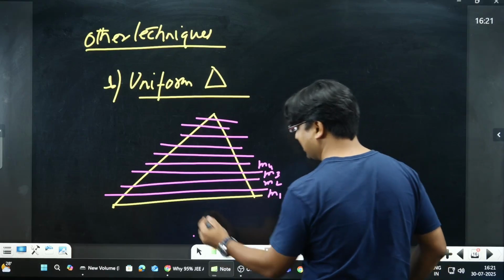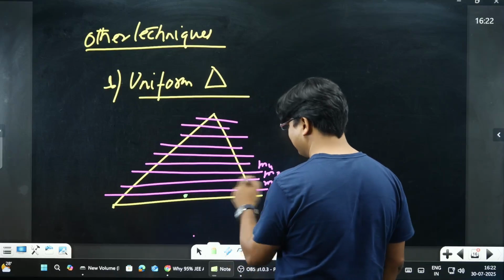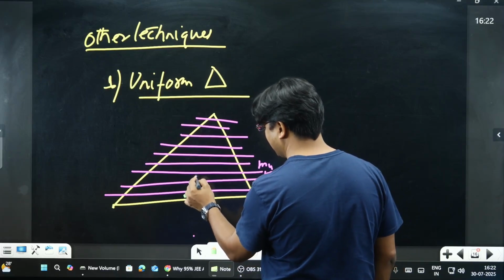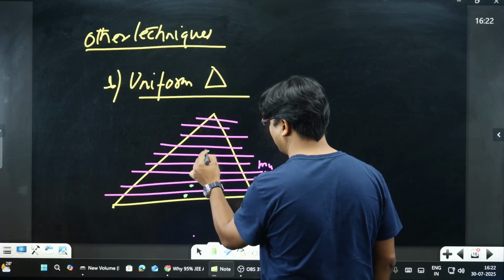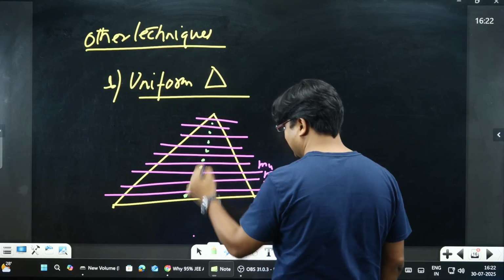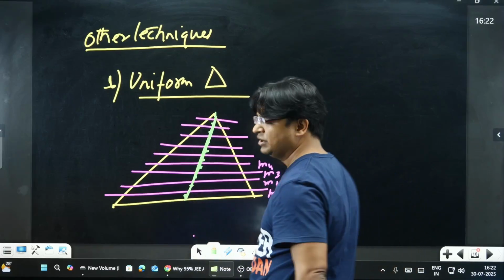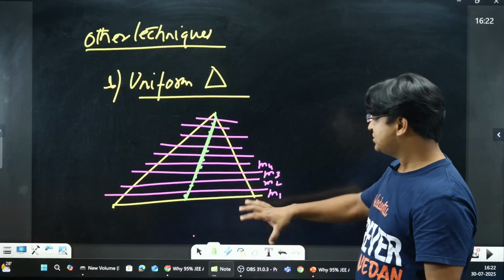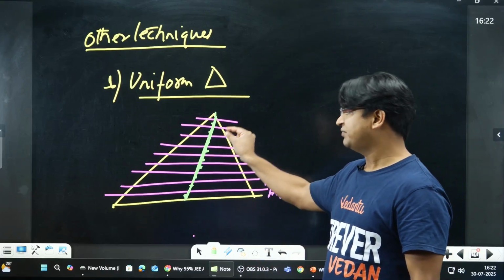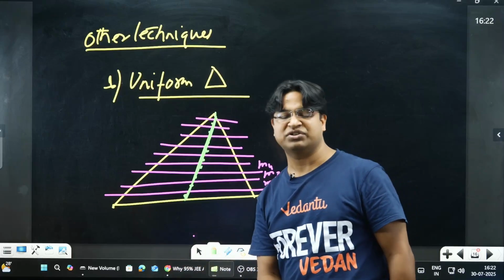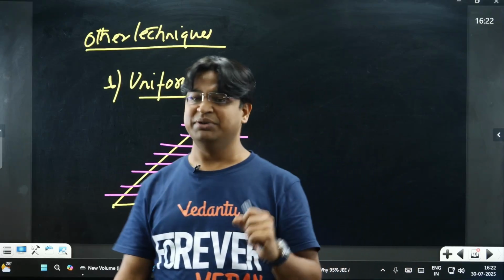So m1 will be at the midpoint of this, m2 at the midpoint of this, m3, m4, and so on. When you do this, the collection you get is a median. So this triangle can be replaced by a system of particles that make a straight line, and that straight line will be the median of the triangle.